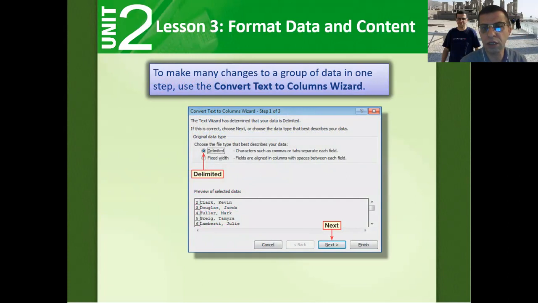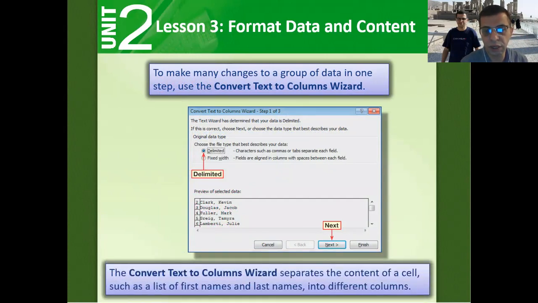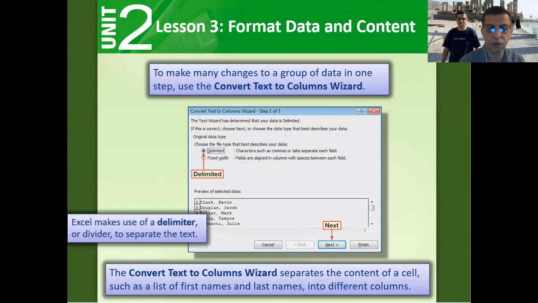To make many changes to a group of data in one step, you usually use the Convert Text to Columns wizard. The Convert Text to Columns wizard separates the content of a cell, such as the list of first names and last names you've seen here, into columns. To do that, Excel makes use of a delimiter, or divider, to separate the text.